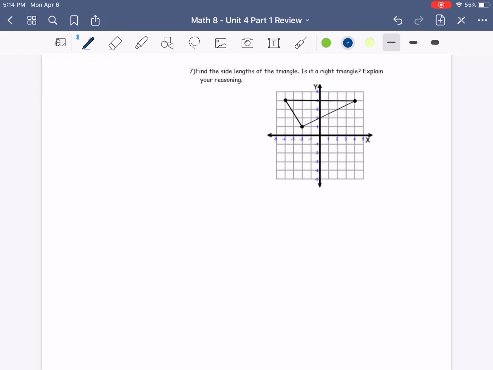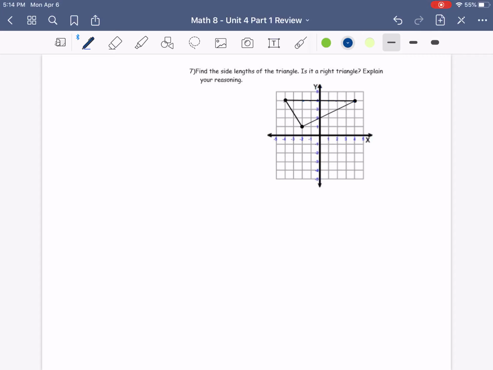All right, so number 7, finding the side lengths of the triangle. And is it a right triangle? Explain your reasoning. Well, so this falls on a grid. And we know one of the side lengths because it goes flush on the grid lines. So we can say that this side length is 1, 2, 3, 4, 5, 6, 7, 8.